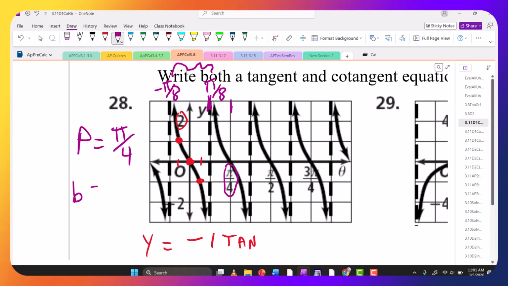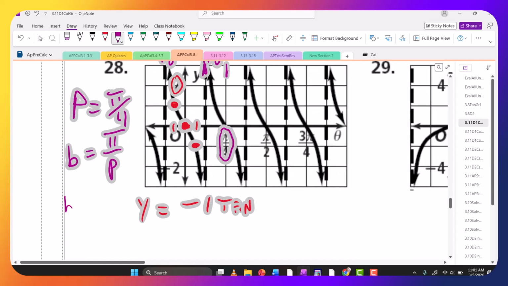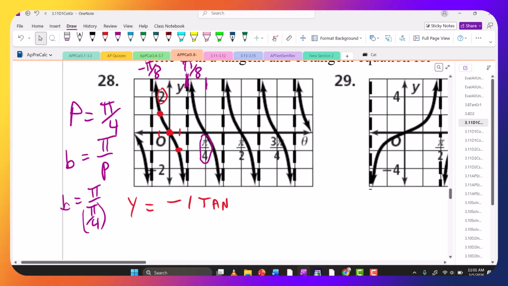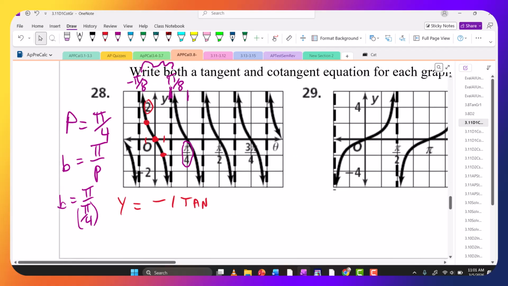Remember, b comes from pi over p. We could switch these two, all right? And therefore, I could put b equals pi over 4, because that is what the period is. That turns into 4. Or, I mean, come on, the period comes from pi over b. B staring you in the face.